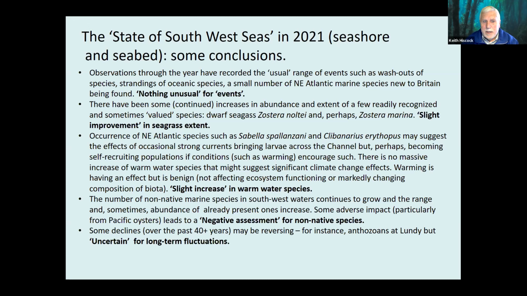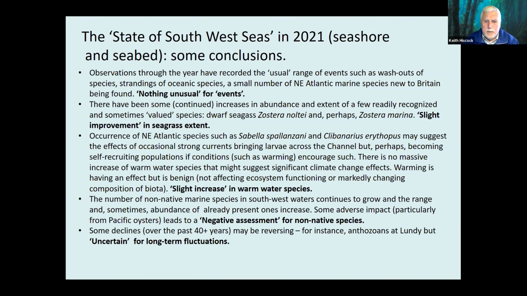There is no massive increase of warm water species that might suggest significant climate change effects. Challenge me on that if you like, with your evidence. Warming is having an effect, but I think it's benign. It's not affecting ecosystem functioning or markedly changing composition of biota. So a slight increase in warm water species.